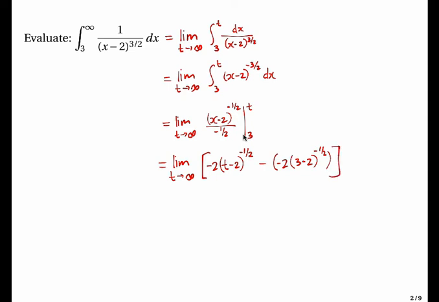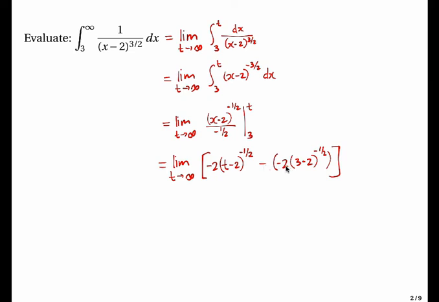We can simplify this immediately. 3 minus 2 is just 1, and we have the square root in the denominator, so that's just the square root of 1, which is 1. So this is just plus 2.